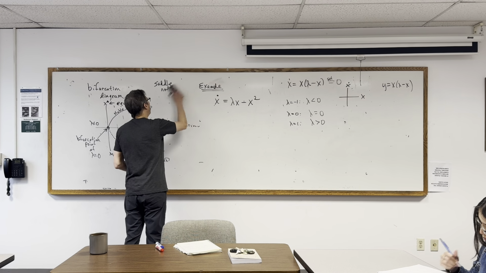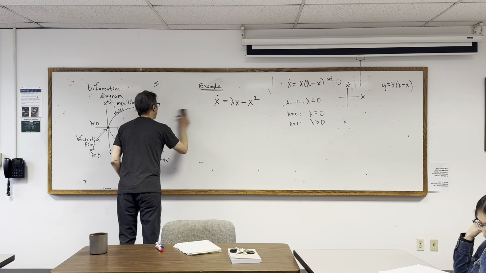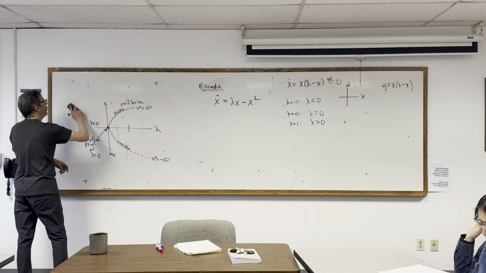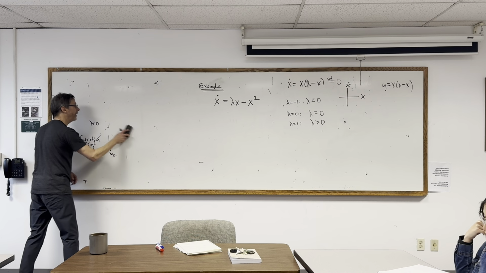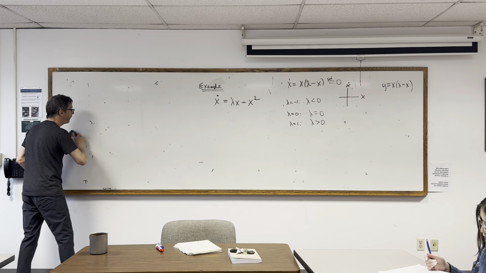This is going to turn out to be another important type of bifurcation. This is the kind that happens in a laser, actually, when it starts to laze.